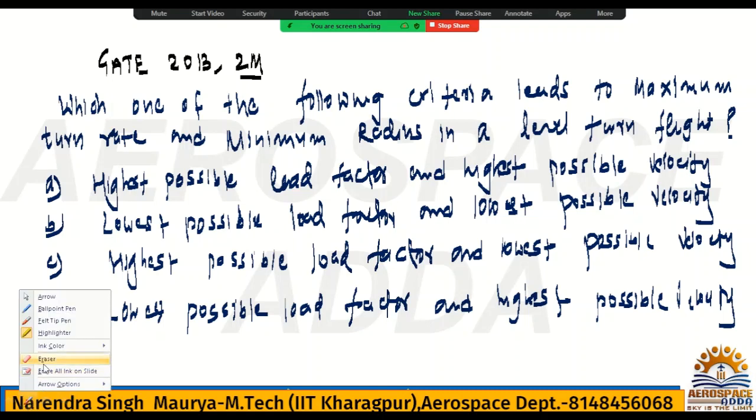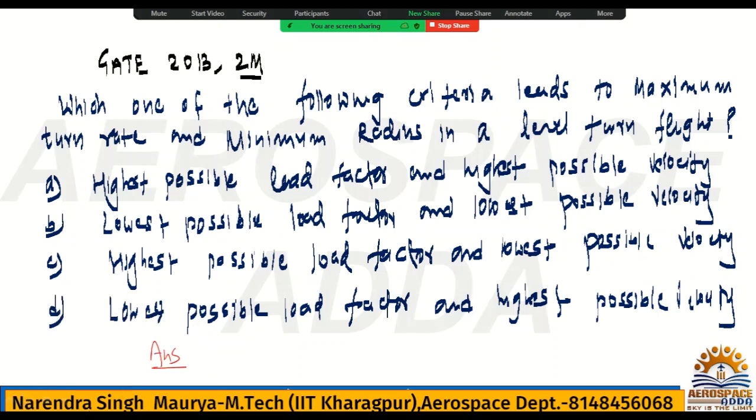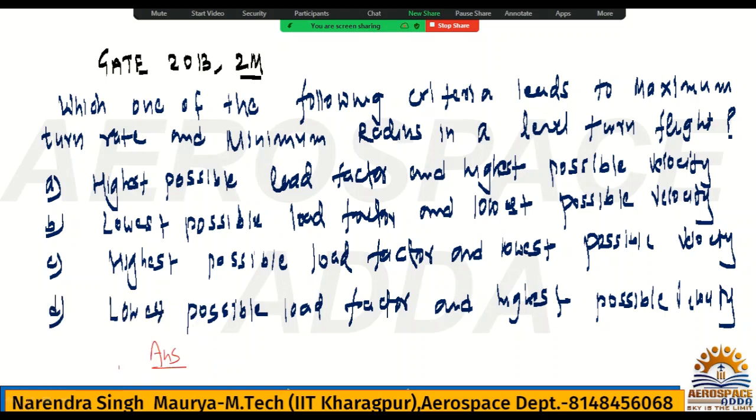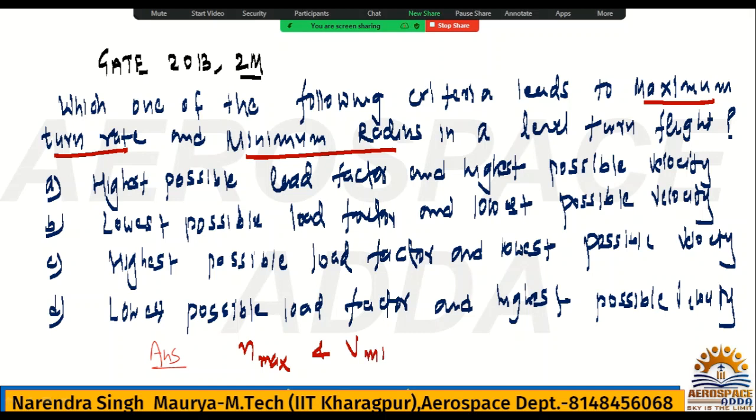So what is the answer? Now they are saying maximum turn rate and minimum radius of turn. So for everything you should know the answer: load factor should be maximum and velocity should be minimum.